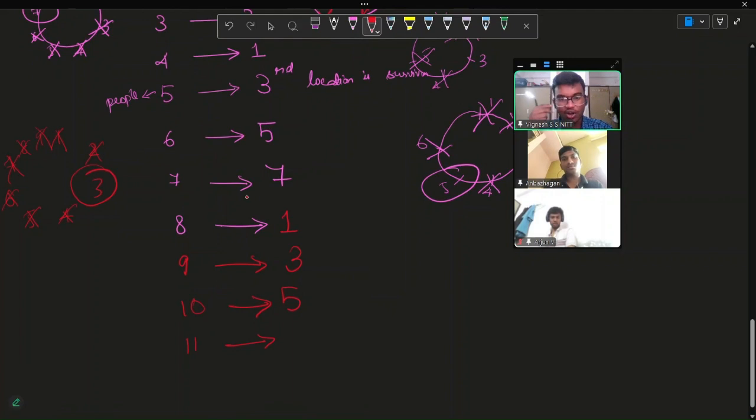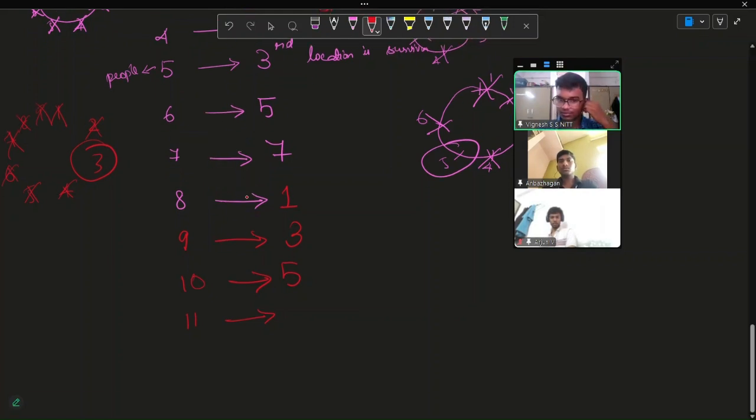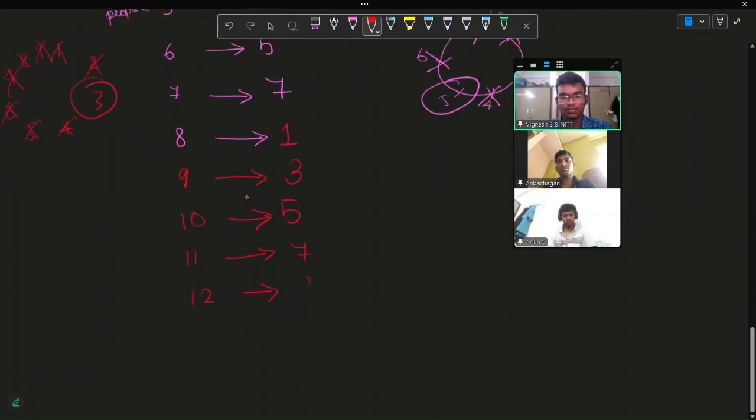So that is going in odd numbers, with a common difference of 2. That is what we said in the previous case, the common difference. So for 11, can you say the answer? 7. For 12, can you say the answer?